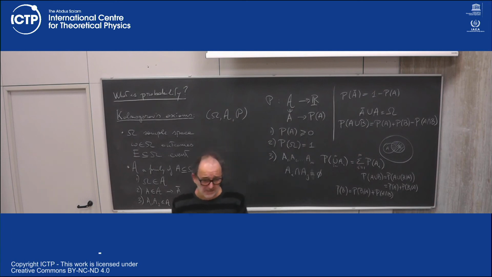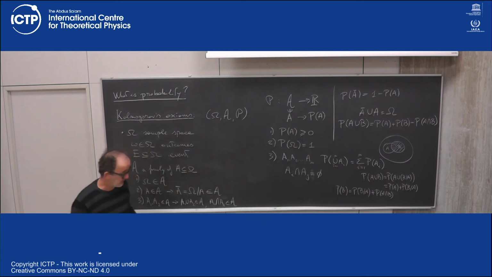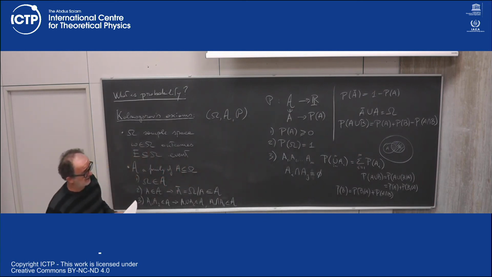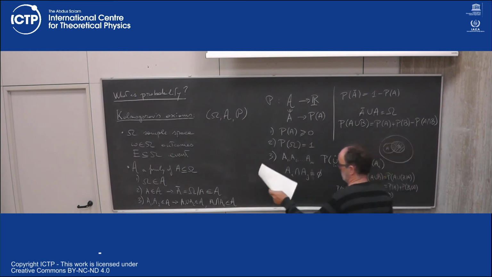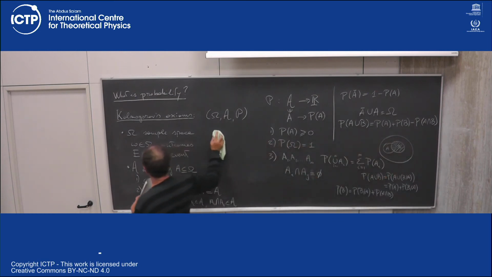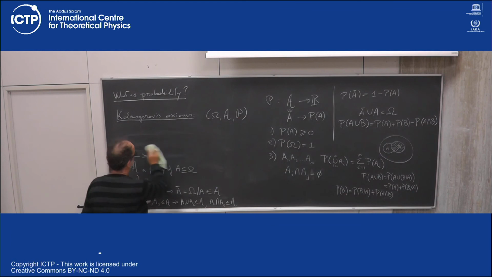And so on. You can derive a lot of relations from this. I mean, you can derive all of probability, you can do calculations using this setting. So why is this important?